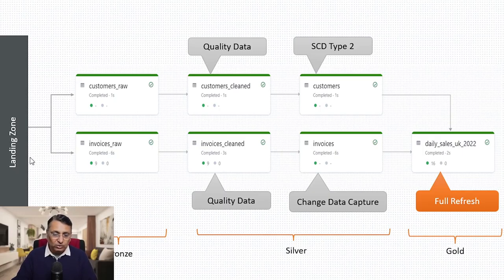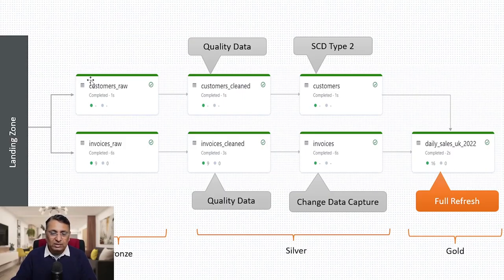What we want to do is work with two data sets. One is your customer data and another one is your invoices data. Customer is master information, so it will result in a dimension table. Invoice is transaction information, so it will result in a kind of fact table. So we want to cover one dimension table and one fact table.